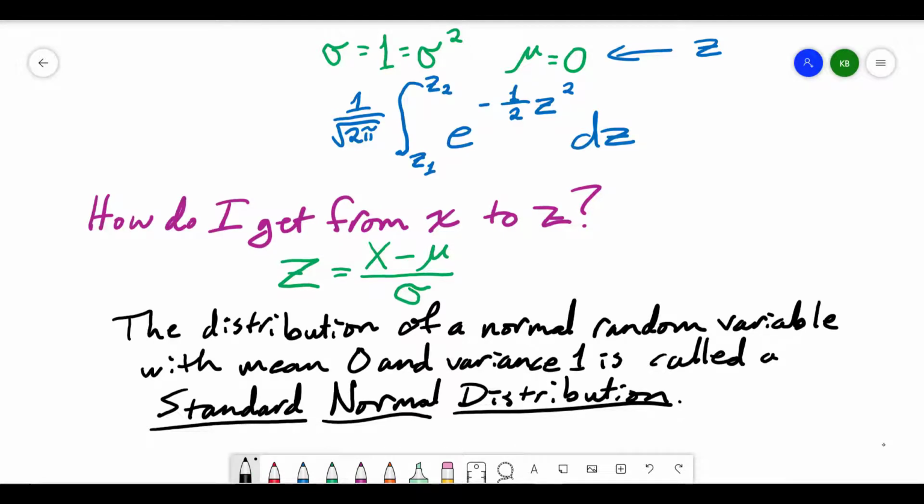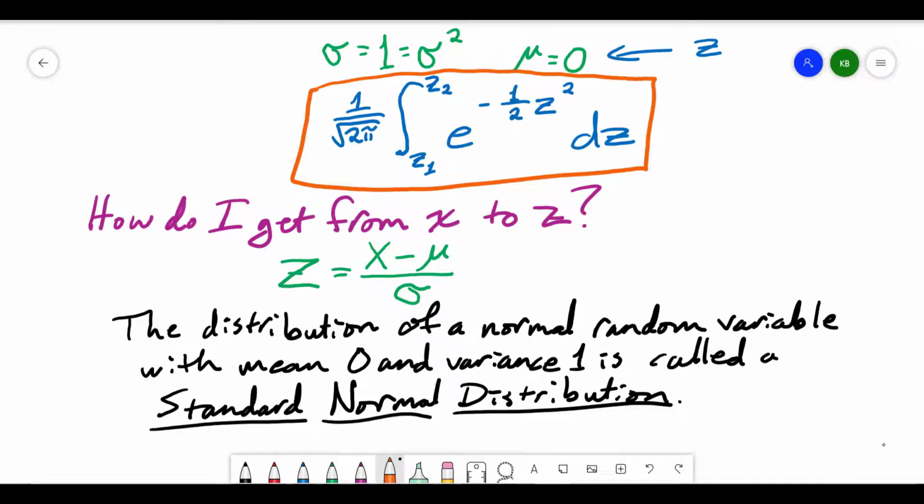And in fact, when I do this, the distribution of that z variable, a normal random variable, is called a standard normal distribution. So any distribution of a normal random variable with mean 0 and variance 1 is going to be called a standard normal distribution. Now, even though this integral is much easier to take than the integral I had before, it still has a function nested within a function, so it's still not a fun integral to take.